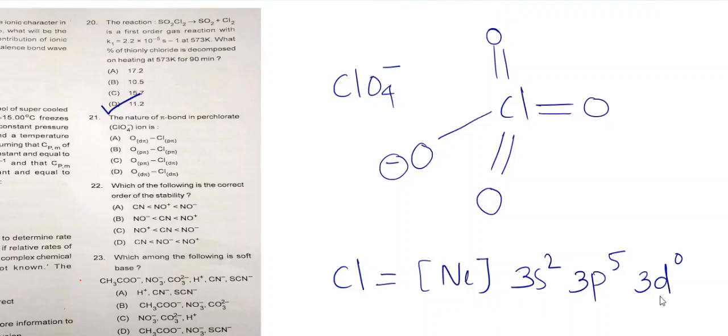Chlorine has a vacant d orbital, so it will participate in pi bonding. When you know the configuration of chlorine, we eliminate options A and B, since the d orbital is going to participate in pi bonding.